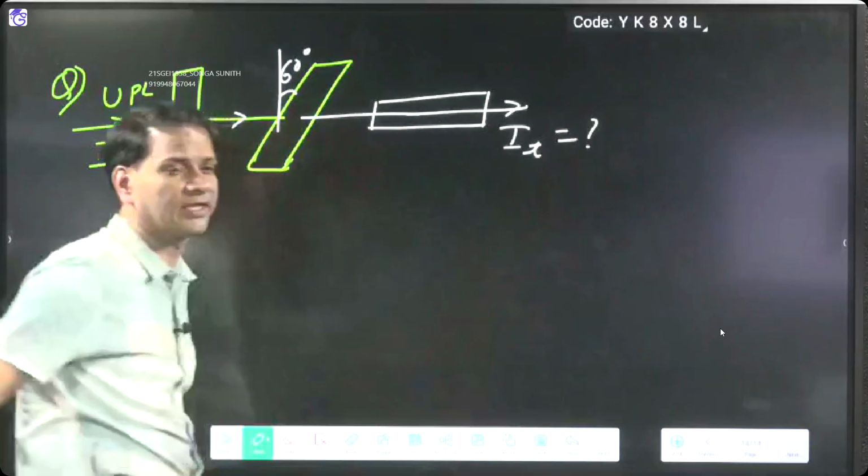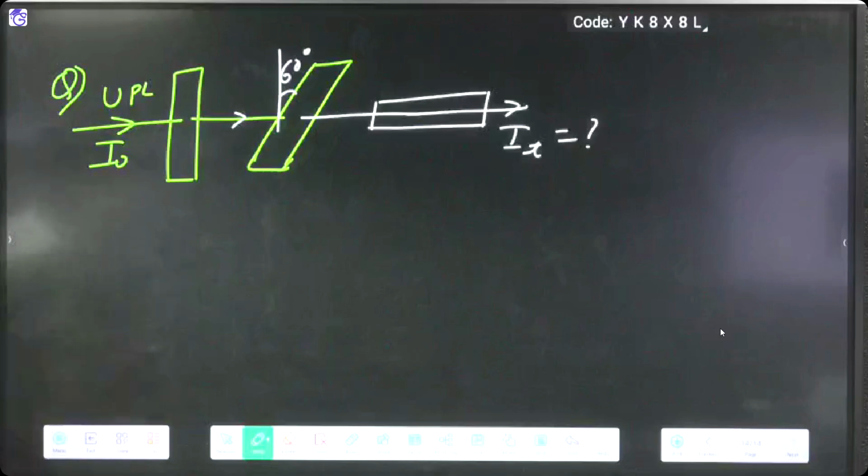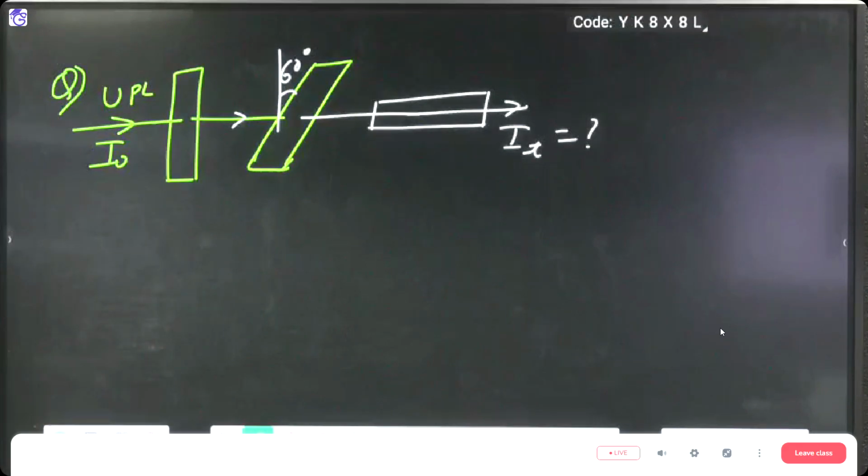Find the transmitted intensity. Tell fast. What is the transmitted intensity if the angle between 1 and 2 is 60 and 1 and 3 are crossed to each other?